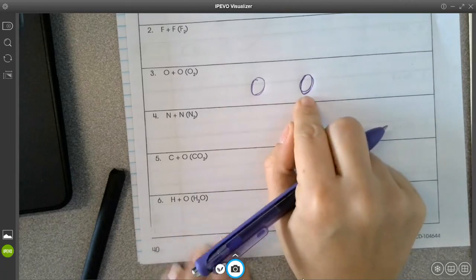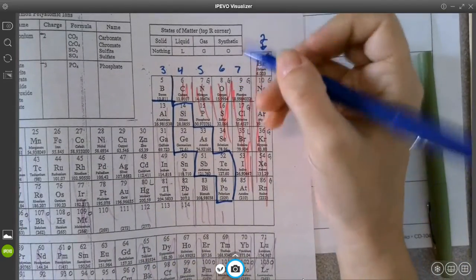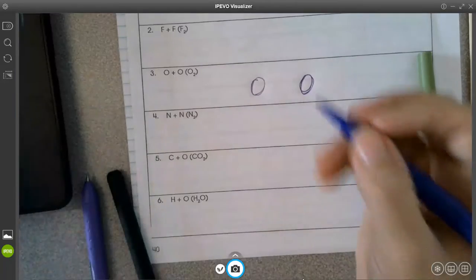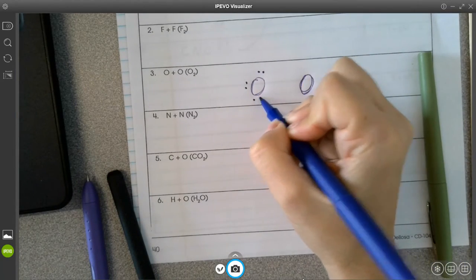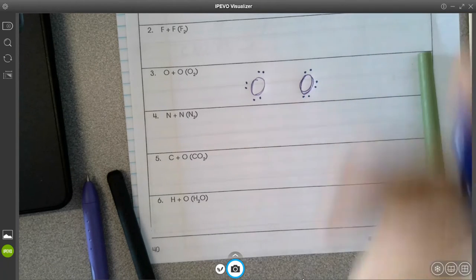So I have oxygen and oxygen. I know to look at the periodic table, oxygen is in family 16, so therefore it has 6 valence electrons. So I'm going to draw out 1, 2, 3, 4, 5, 6. 1, 2, 3, 4, 5, 6.